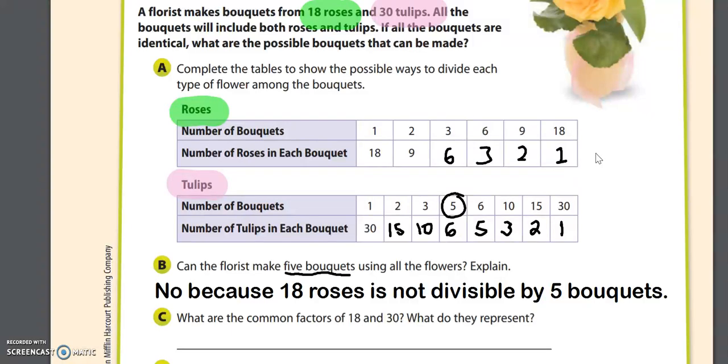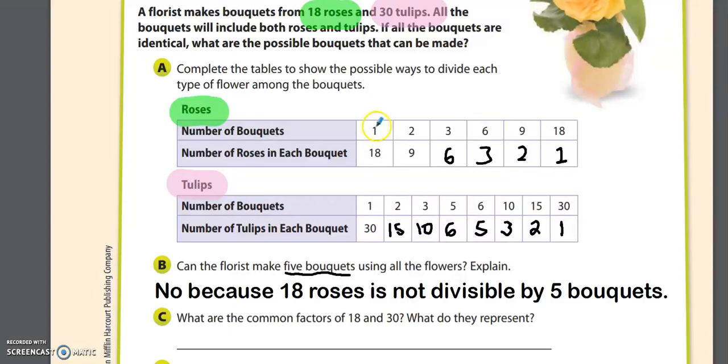Question C reads, what are the common factors of 18 and 30, and what do they represent? So here's what I'm going to do to actually answer that question. I'm just going to look at the top line, and look at when the top numbers are the same.